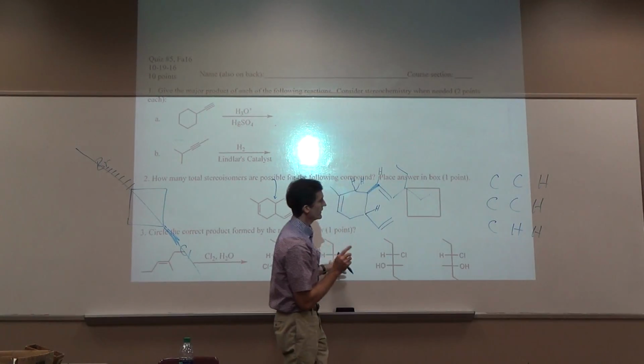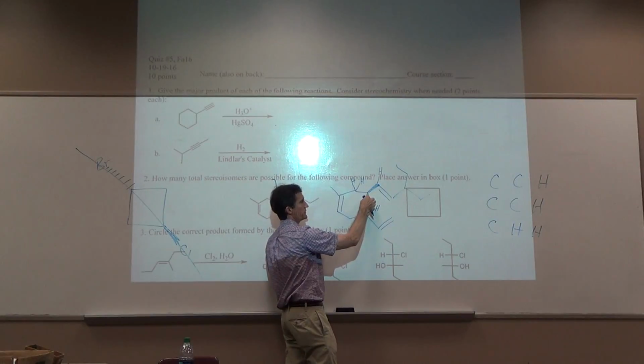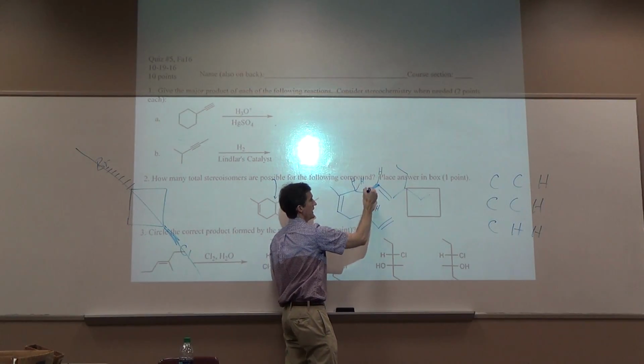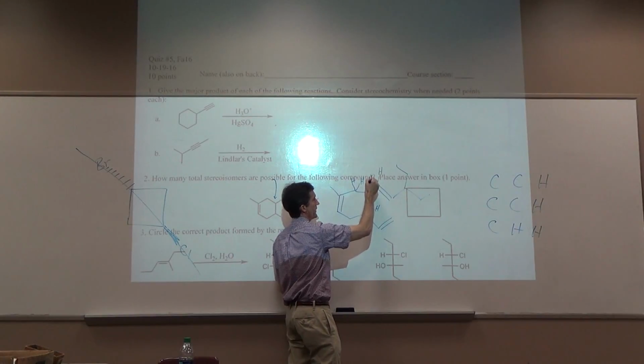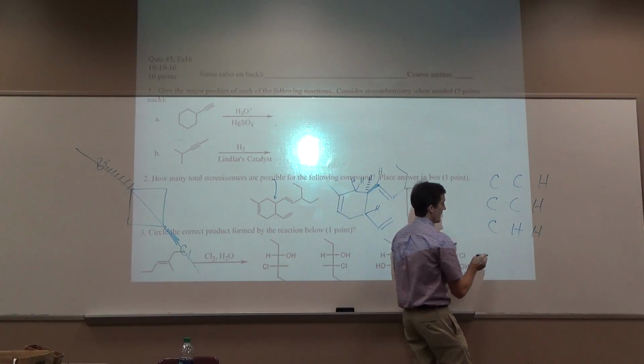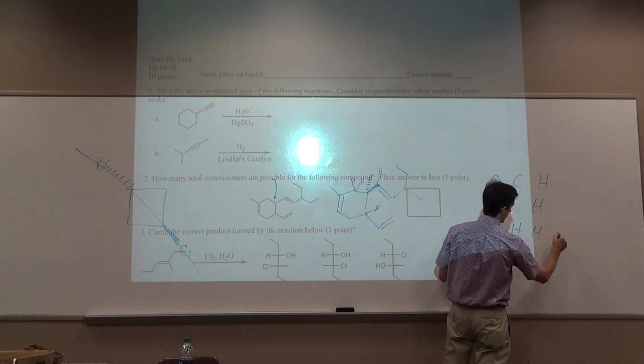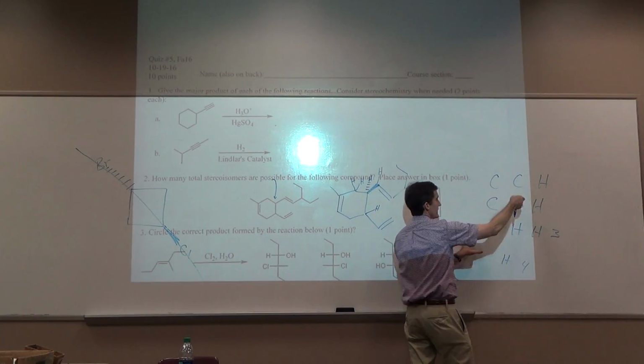There's going to be a lowest of the 3. What else is on this carbon? H. And it's in the back. So the H going back is actually your lowest priority. This is going to be your second lowest, so the H is 4th. This is 3. What wins here?